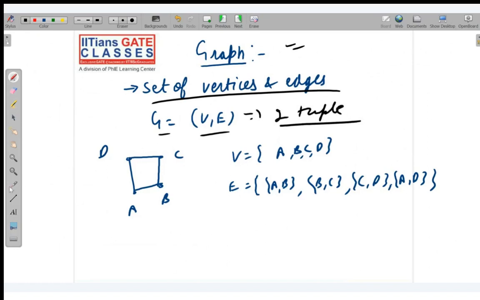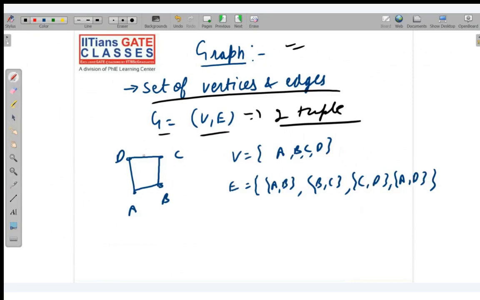Here, for example, I have given you a graph. This is your graphical representation. But in mathematics, how will you represent it? Because we are studying discrete mathematics, there should be a way to describe this. Mathematics is numbers, or you can say sets. So we will say it like this: V is {A, B, C, D}, and E is {{A,B}, {B,C}, {C,D}, {A,D}}.